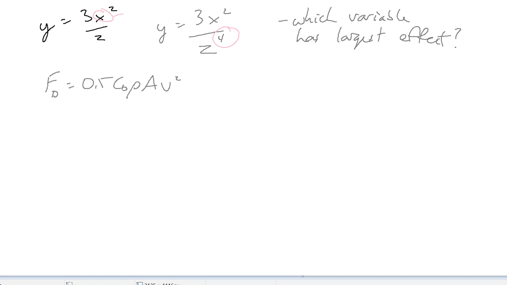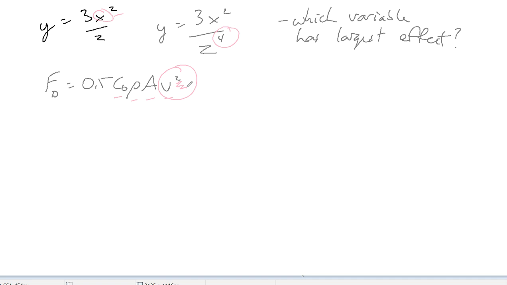And between these four letters, or symbols, which of those four has the biggest effect on the drag? Well, it's the V that has the biggest effect because it's got that squared on there. If you make the coefficient of drag twice as big, drag is twice as big. Same with the density, same with the area. Those will all just double.